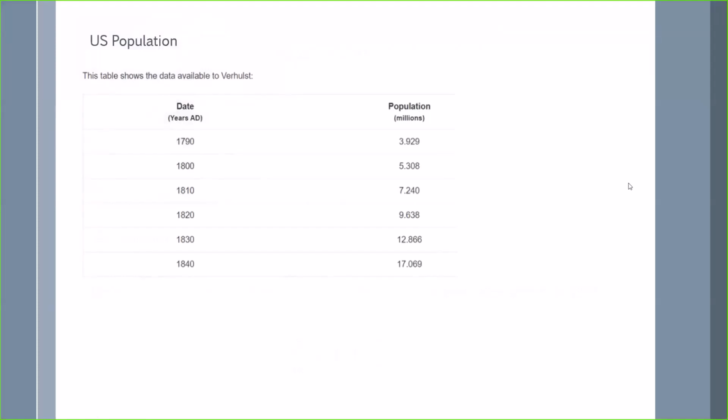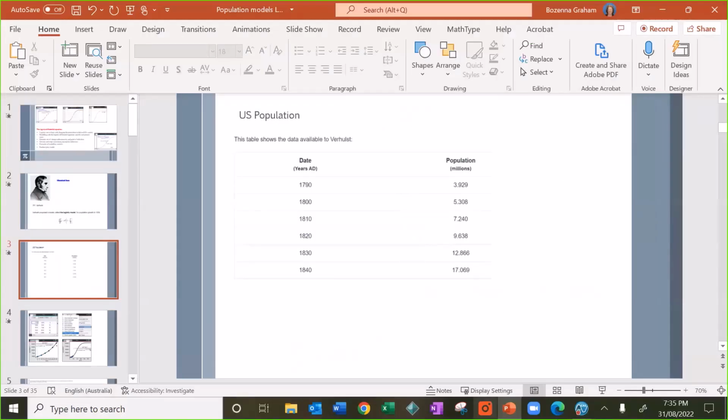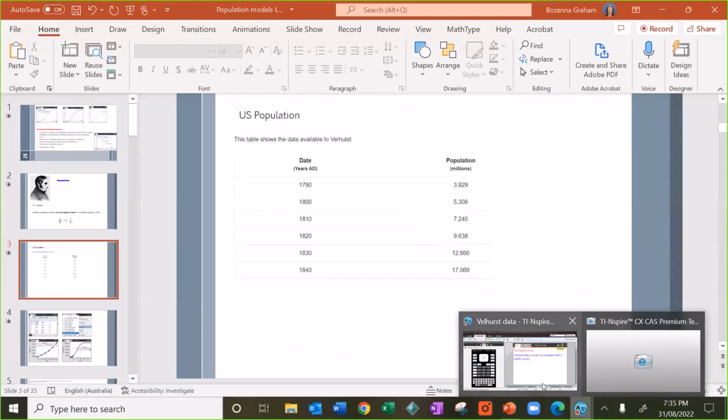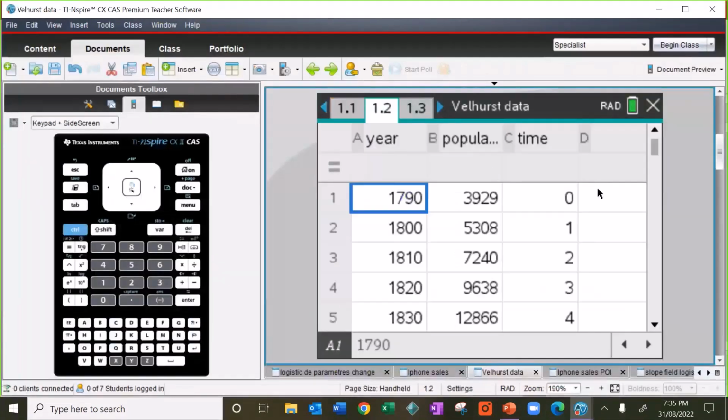So let's try to see how it will work. What I have done here, I have entered the data just to save some time. I have years here, but we can also enter the data from 0 to whatever number we have, only really 5 values, so not that many, and the population, which is in millions.